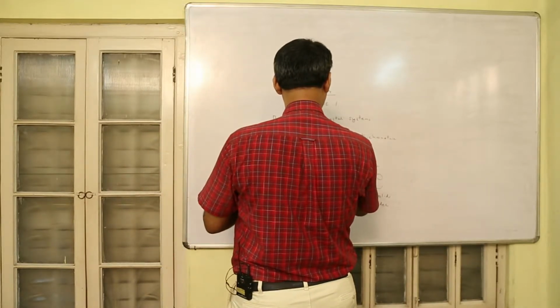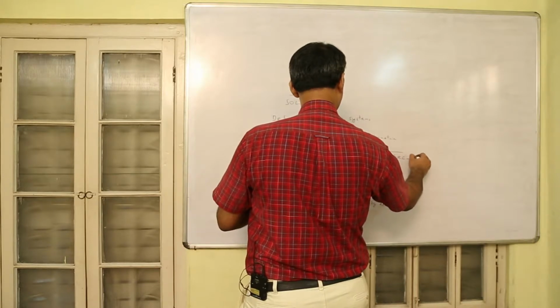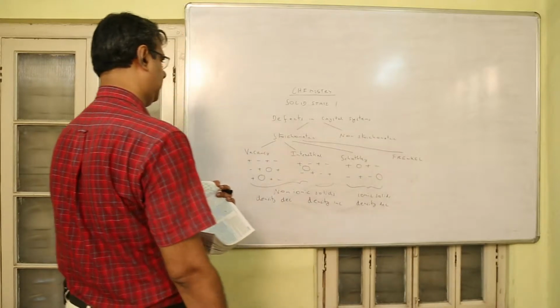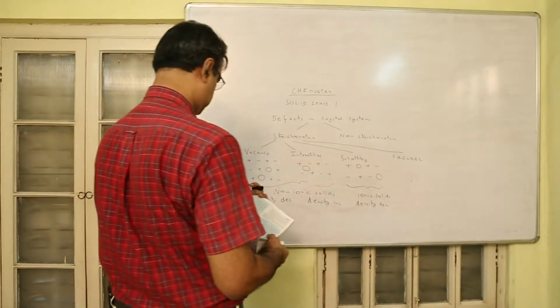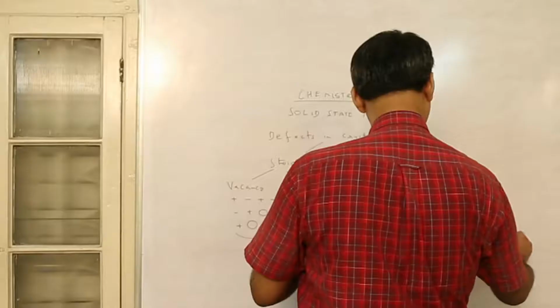Then the next one is called Frenkel defect. Now in Frenkel defect, what happens?